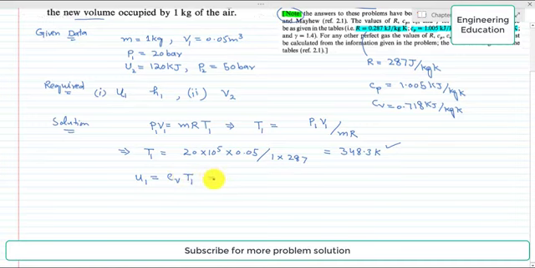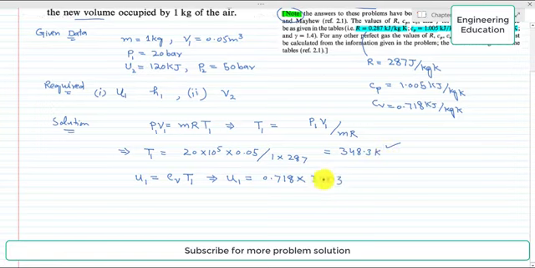Putting the values, u1 will be equal to 0.718 kilojoule per kilogram per Kelvin times 348.3 Kelvin.